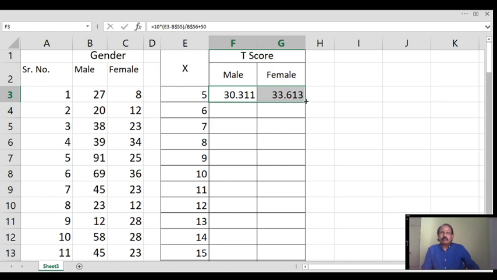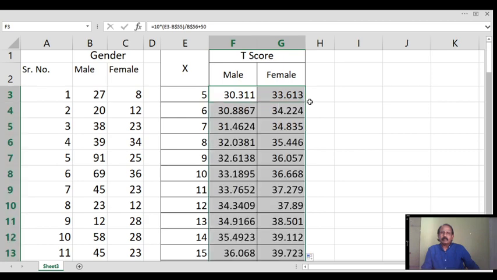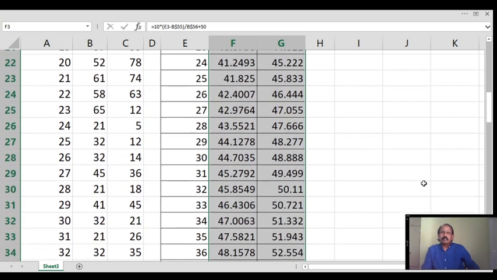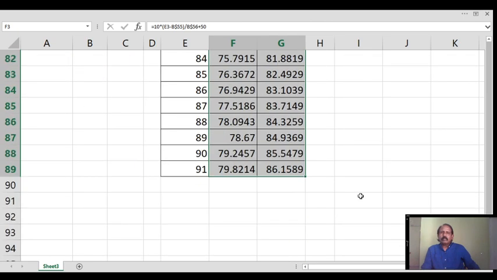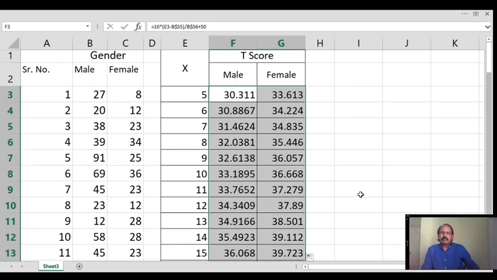It will become a plus, and now I am clicking twice. I press the left click of the mouse twice rapidly and the t-scores for all the remaining numbers, all the remaining x values from 6 to 91, will be found. Look at the screen. In this way, we have found the t-scores for all the raw scores given in the particular data range.